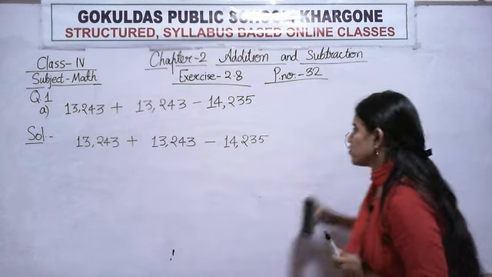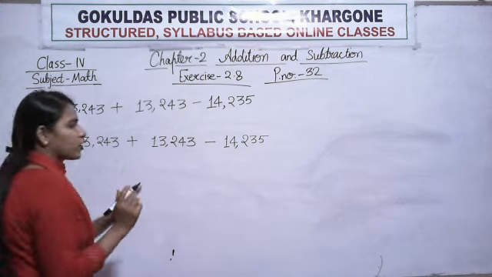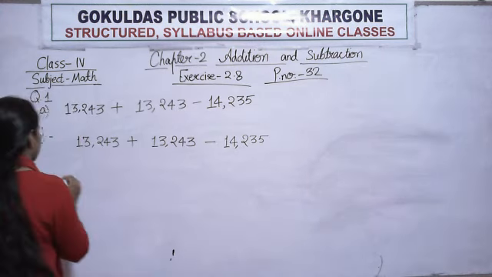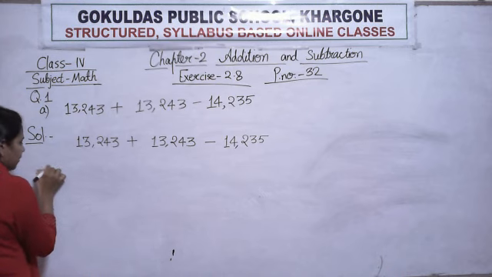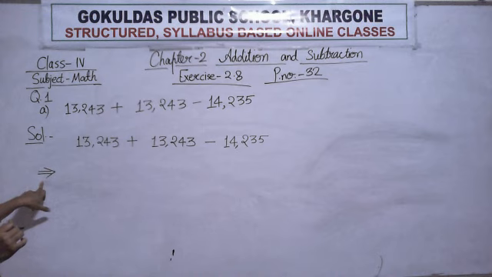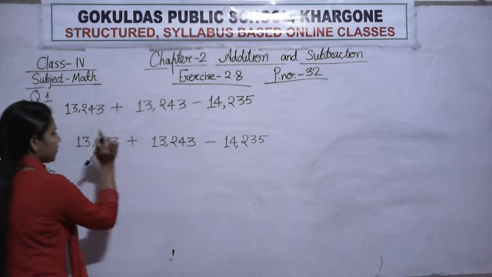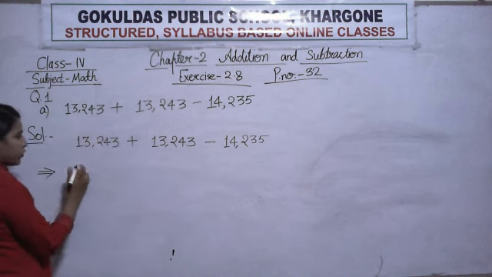Okay, so in one group I will put the two numbers. When steps get changed, you have to put this symbol. This symbol is 'implies'. Okay, so here it is my first step. Now I am doing the second step.